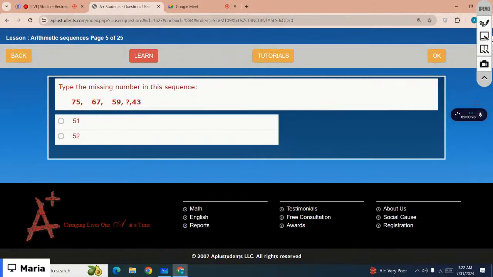The correct option is 51. 75 minus 67, so you have to subtract 8 every time, right? So 59 minus 8 is 51. So the missing number is 51. Option number 1 is the correct option.